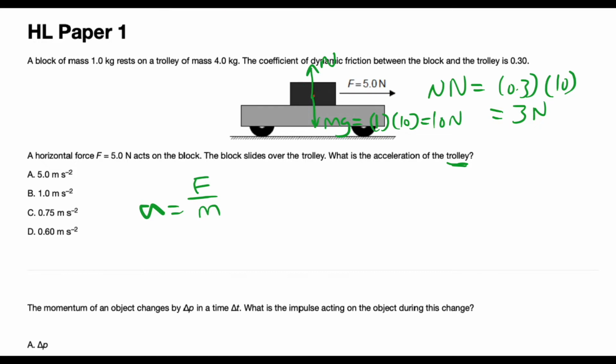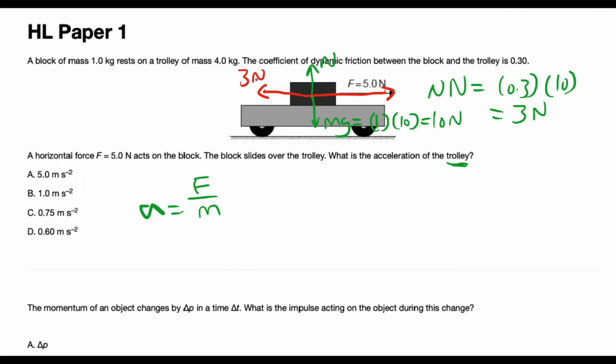So here is 5 Newton, and here is also going to be 3 Newton of friction. According to Newton's third law, we know that there's always going to be a force that's equal in magnitude but opposite in direction.